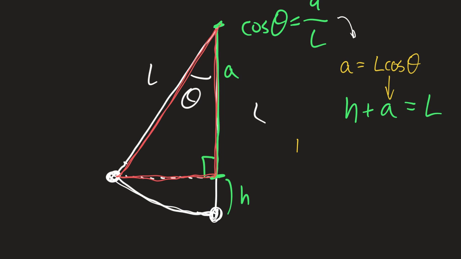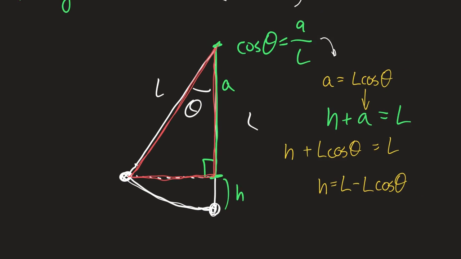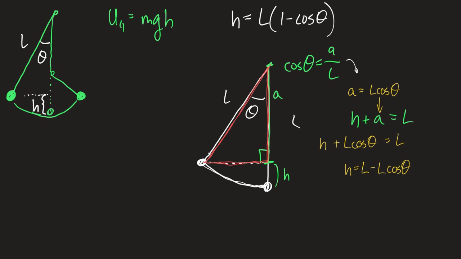So we get H plus L cosine theta equals L. And all of that, because I need to say that H equals L minus L cosine theta. That's this guy right here.